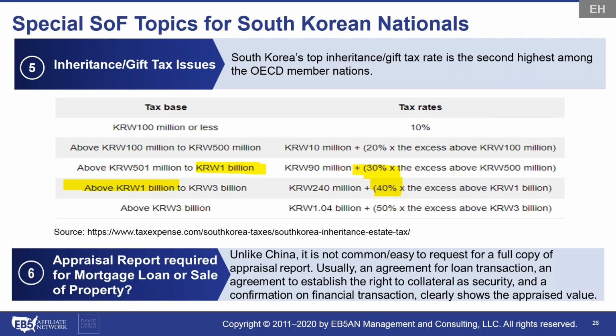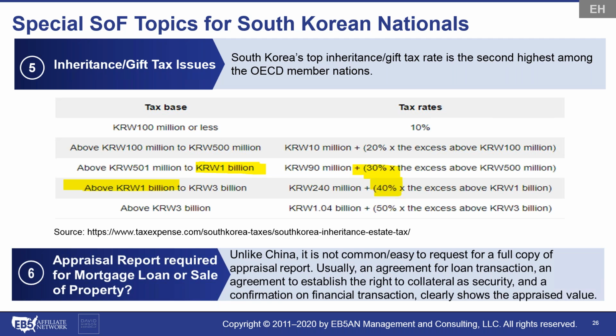But usually what we do is we include an agreement for loan transactions, an agreement to establish the right to collateral as security, and a confirmation of financial transaction. It shows the amount of appraised value that was issued by the bank. And also we include the tax documentation, like the property tax.